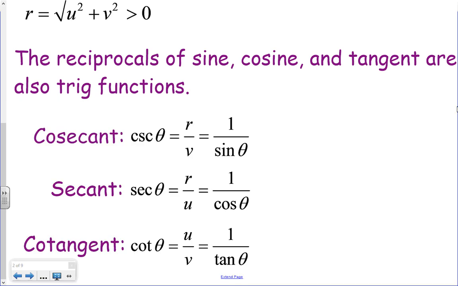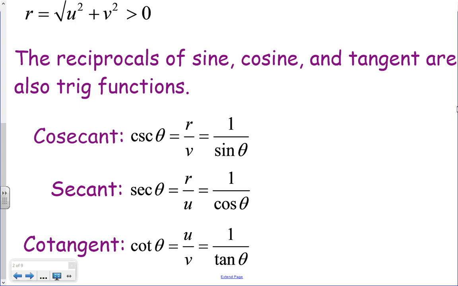So here we go. You have a function called cosecant. Cosecant is how you pronounce that. We abbreviate that CSC for cosecant. Notice that we don't abbreviate it COS because we already have one called cosine that's that abbreviation. So CSC is for cosecant. COS is for cosine.